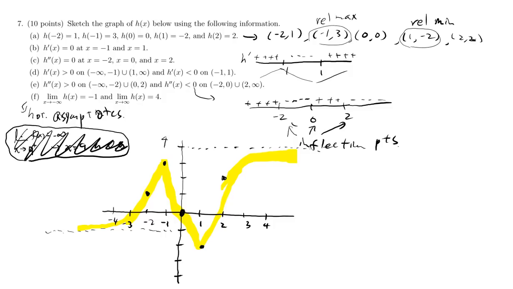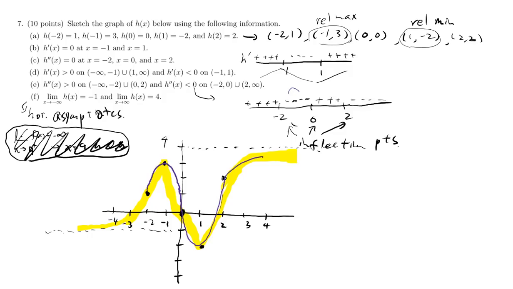Now, what about the actual graph? I'm going to use a purple here. The actual graph has to be curved. It can't just turn sharply like this. It has to be curved. Because the graph is concave down from -2 to 0, it has to have this shape. And from 0 to 2, it has to have a concave up shape. And then after 2, it has to be increasing and concave down.